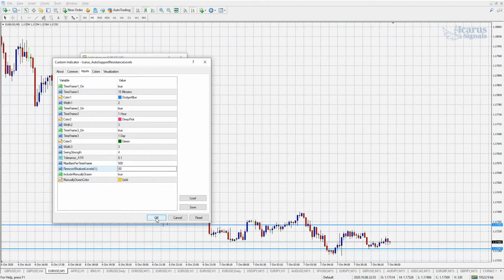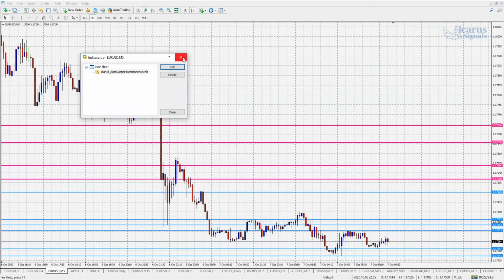But again, any particular setting from 0 through to 100 is going to give you a range of different results that you'll find will still react very, very well to some of the different points and then regenerate moving forward as price continues on. So it gives us always a live, fully updated and fully accurate insight as to where the different levels are based on the calculations it's done back in time.